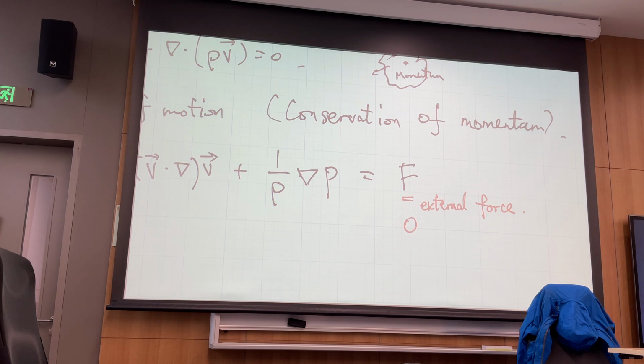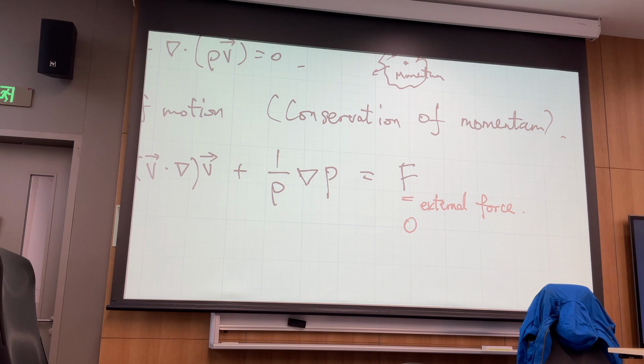For example, when we are talking about water dynamics in a certain space, we have gravity. There are external forces acting upon all the particles or all the pieces of the mass, simply because they have mass and gravity.